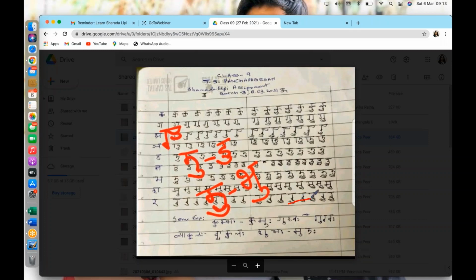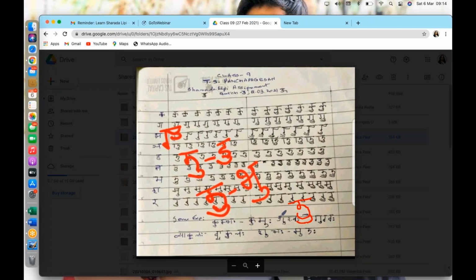So you've drawn this letter like this. It's a big curve like this, and the u matra should be seen very clearly. It has to be a little longer, a long curve just below the letter bu. So again, the correction is shown here.